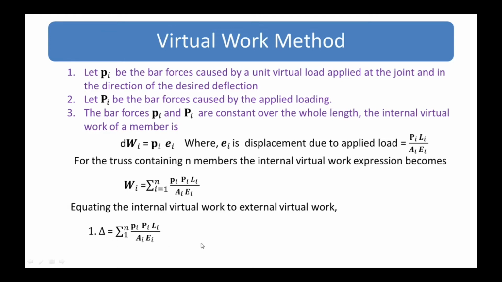So we can say that delta is equal to the summation of small pi into capital P into L divided by AE. If we modify this, again delta is equal to the summation of kPL by AE. Here we are only replacing the small pi with k and the rest is the same.